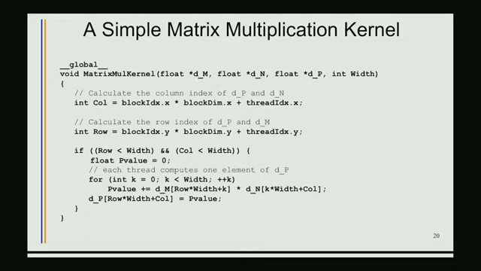CUDA version of matrix multiply that does it in parallel, right? All the threads are now calculating individual elements of the output matrix P. I do have to add row less than width and column less than width for obvious reasons, right? What's the case here that we have to worry about?